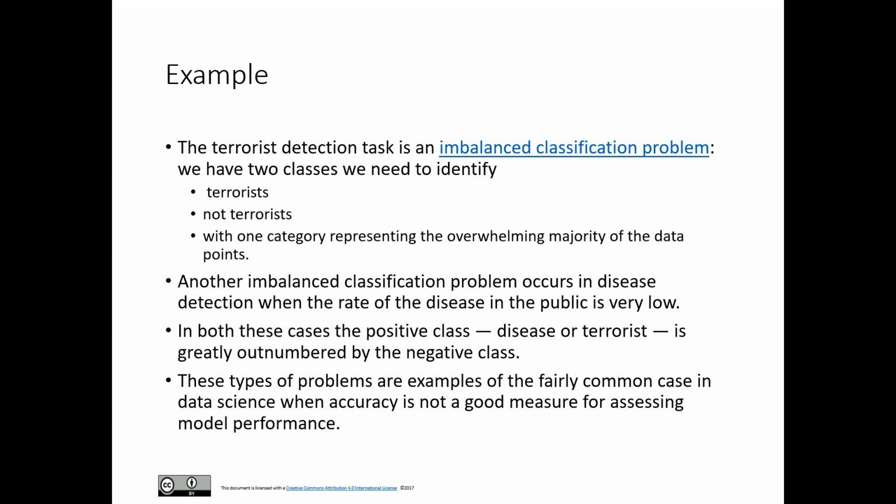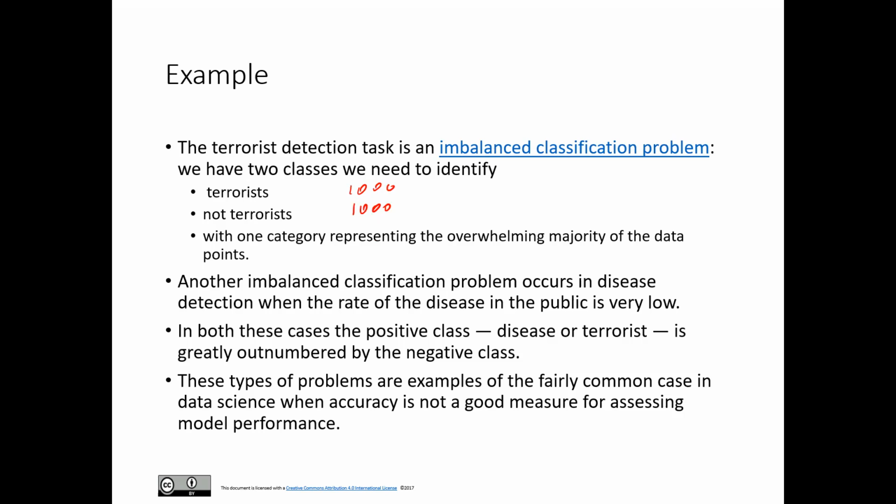So the terrorist detection task, just like many tasks out there, is what is called an imbalanced classification problem. As I said, imbalance just means that we have two classes that we need to identify, but instead of having 1,000 and 1,000, imagine if there were only 2,000 people that flew airplanes and half of them were terrorists.